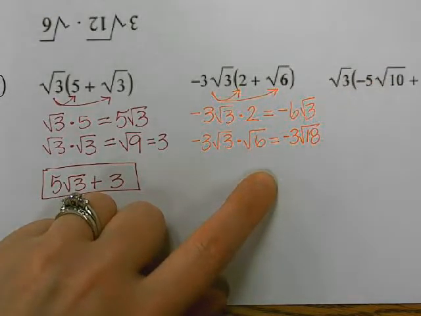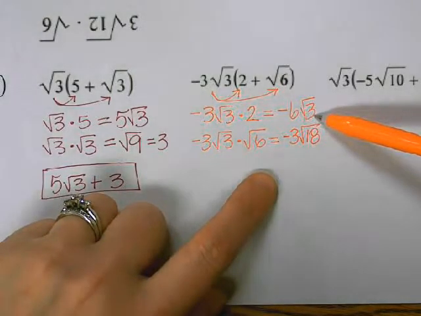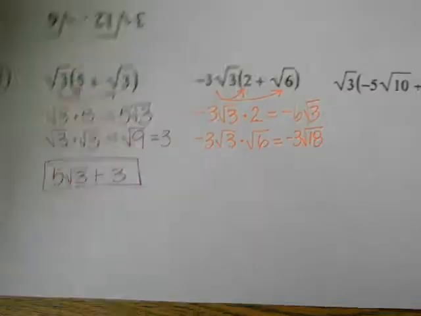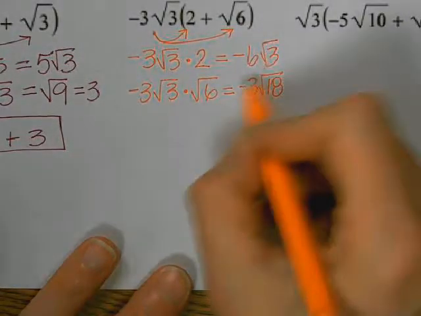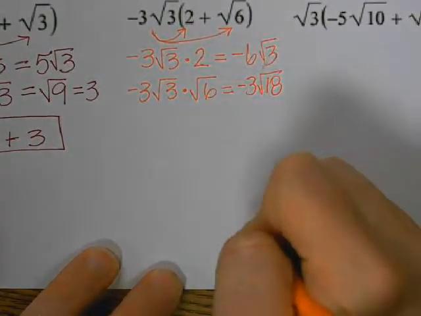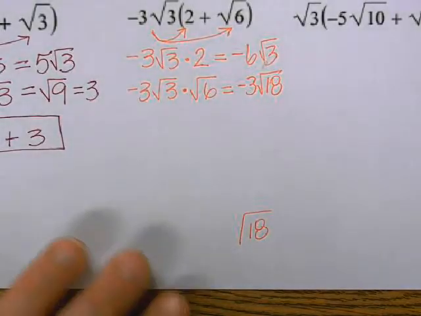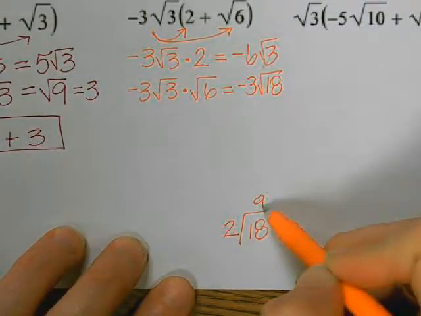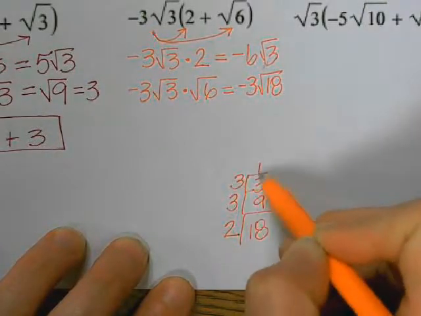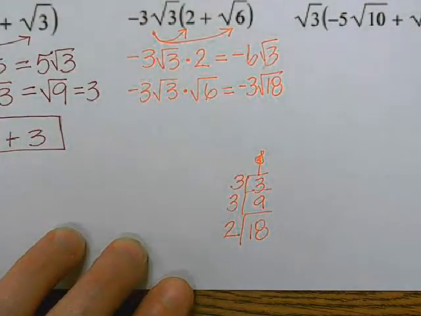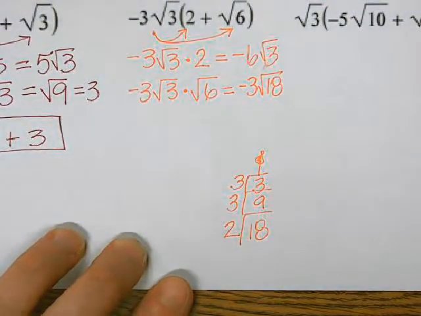Now, I know the square root of 3 is simplified because really only 1 and 3 go into 3, but I still have to simplify the square root of 18. So I'm going to do my cake, 18, and 2 goes into 18 with 9, and then 9 divided by 3 is 3, 3 divided by 3 is 1, and I've got my candle at the top, so I am finished.